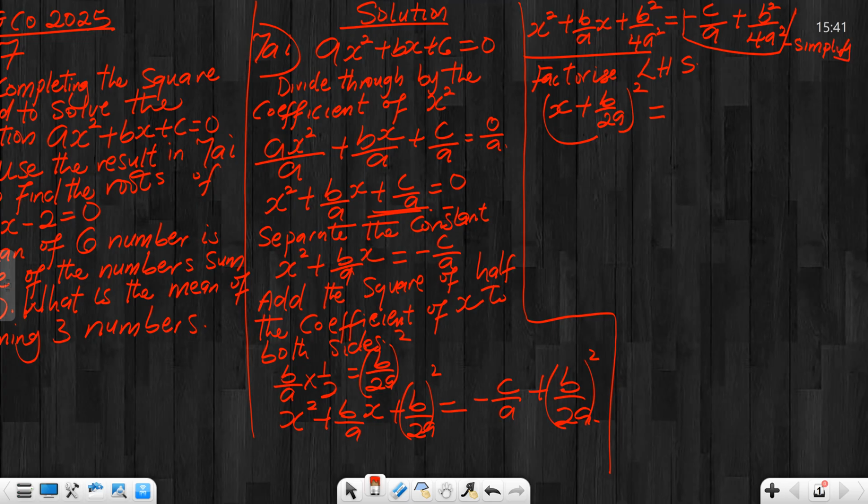To simplify that, I have 4a squared as my LCM. So here I'm going to have minus 4ac over 4a squared, because I have 4a times minus c, minus 4ac, and here I have plus b squared.